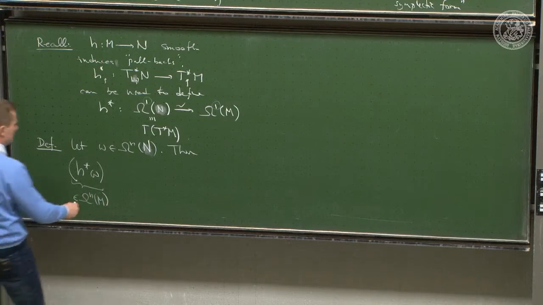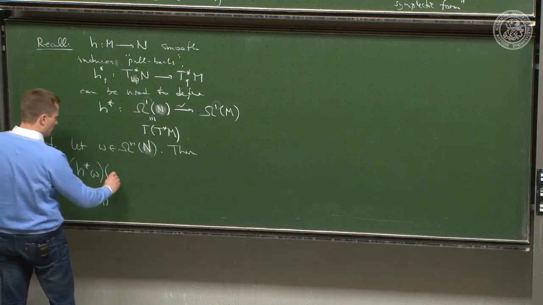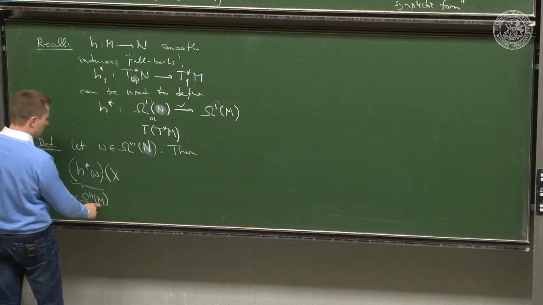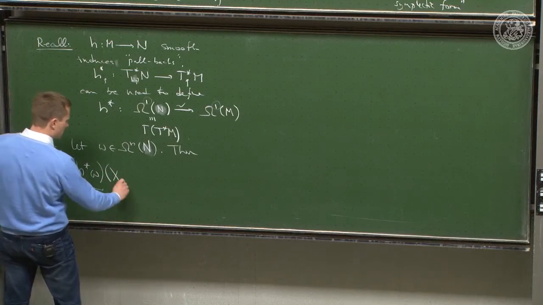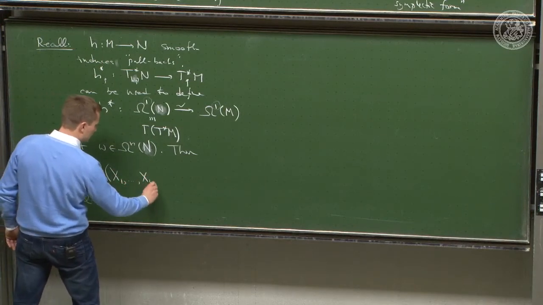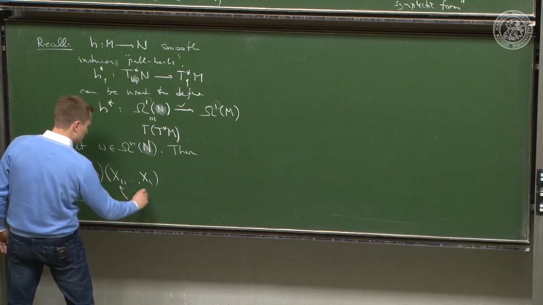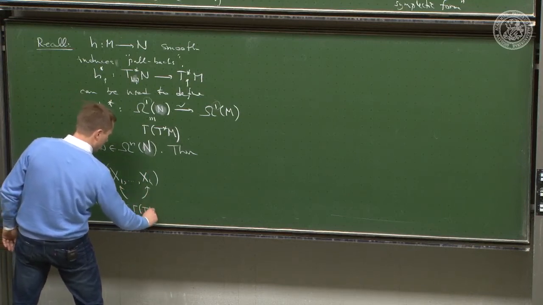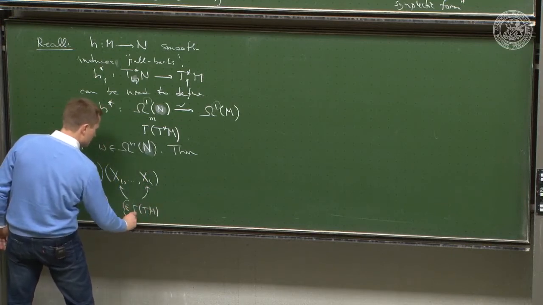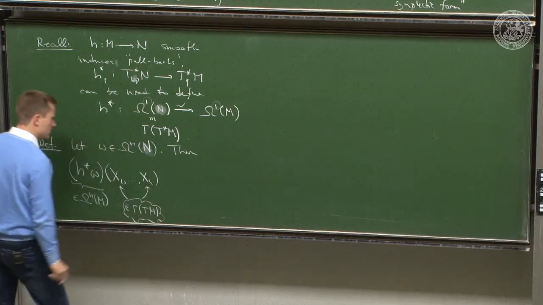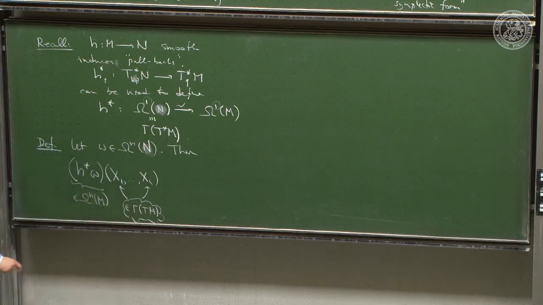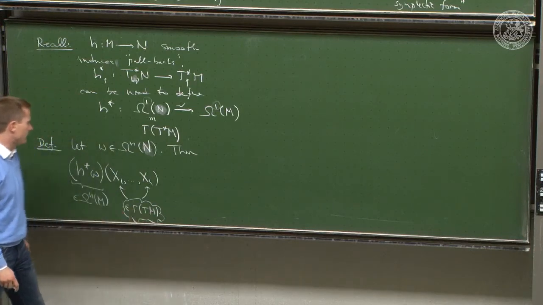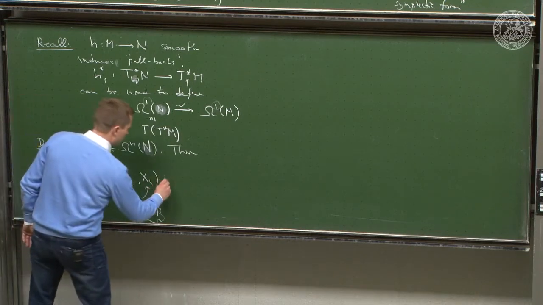Well, okay, how can we define this? We have it act on n vector fields on M, so X1 to Xn, and each of those is an element of gamma of TM, that is, of the smooth sections of the tangent bundle. Simply, we say these are vector fields. So how do we define this?